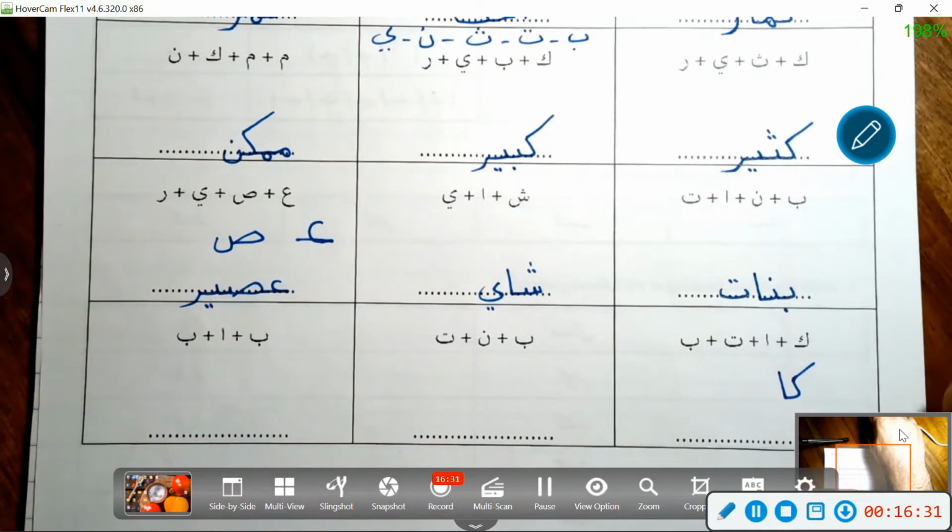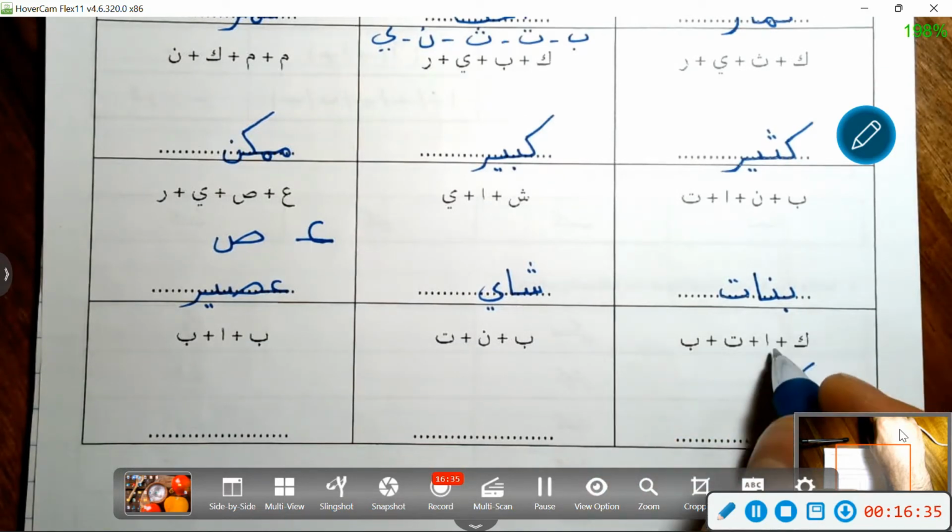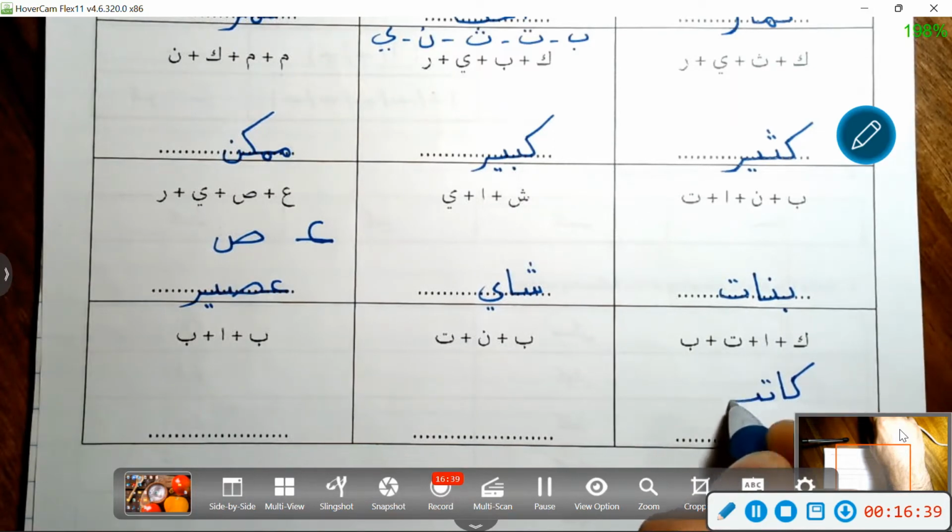I was mistaken. Katib. Kaf, alif, ka, ta, ready for connection, and ba, connected but doesn't lose the tail because it's at the end. Katib, a writer.